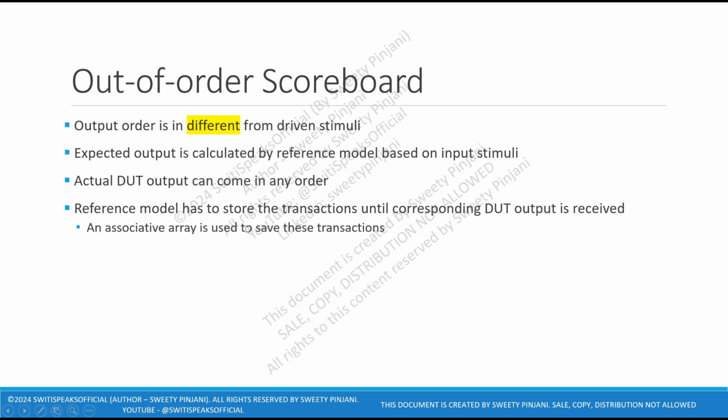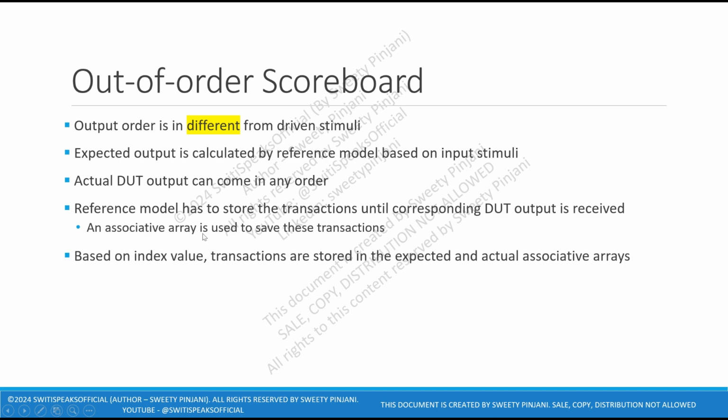In order to store these transactions, your reference model uses associative arrays. Why do we use associative arrays? Associative arrays have an index, and you can identify the transaction order based on the index. And based on the index, you can compare your actual and expected output.